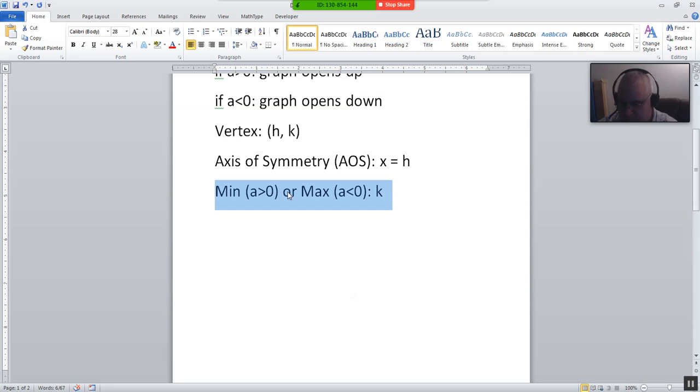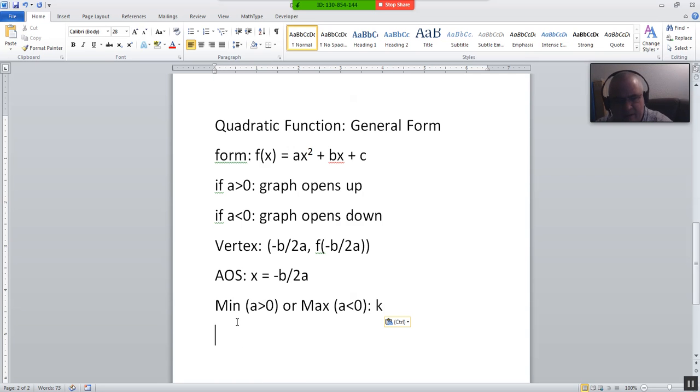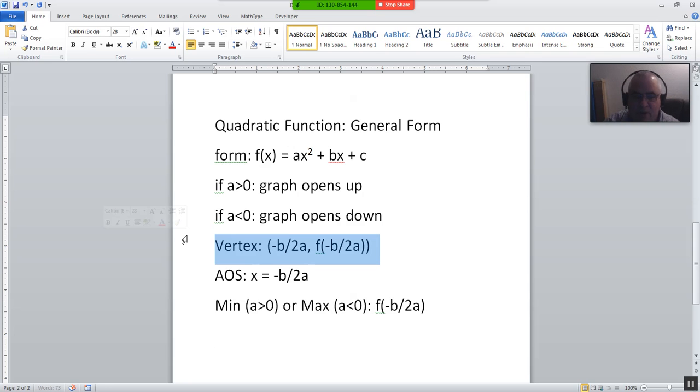And our min is when we have a greater than 0. Our max is when a is less than 0, is equal to f of negative b over 2a. Now specifically, this is called the vertex formula. So let me show a little bit easier way to do the steps with this formula.